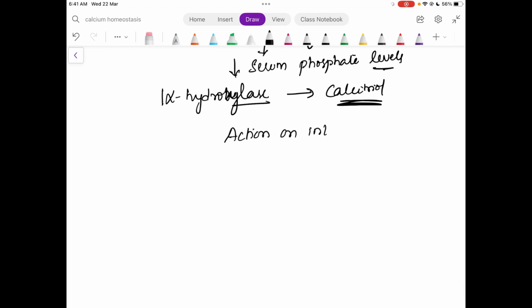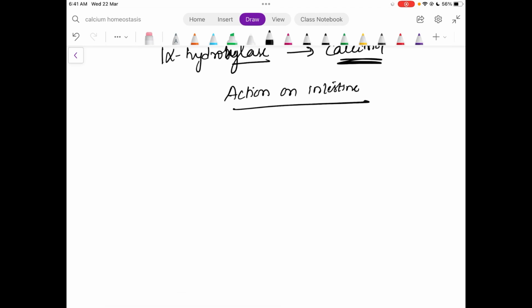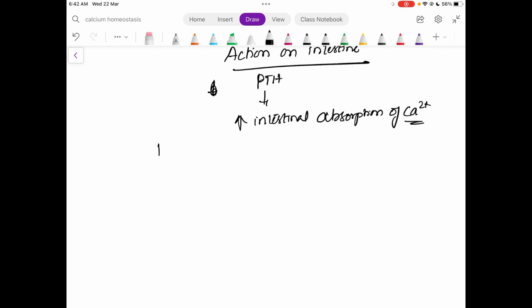Next, action on intestine. PTH increases intestinal absorption of calcium. How will it increase absorption of calcium? PTH increases vitamin D formation. How will it help in vitamin D formation?